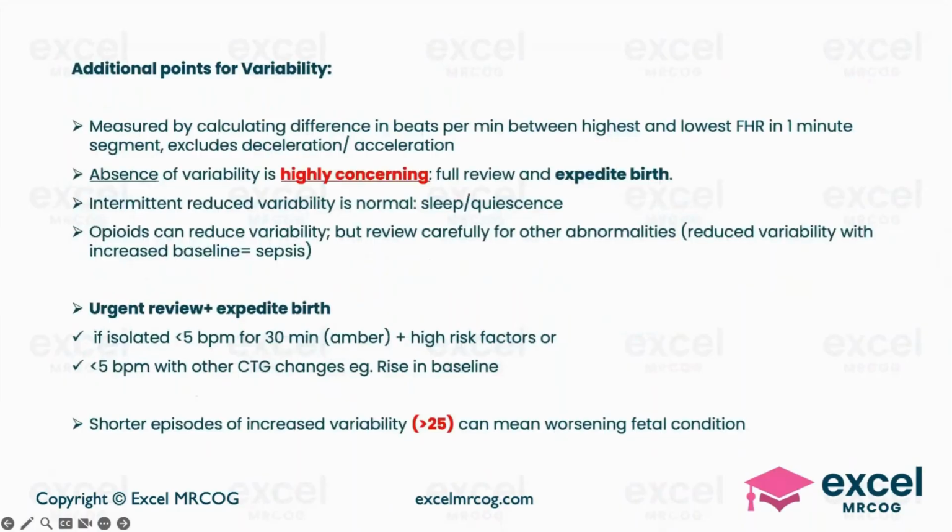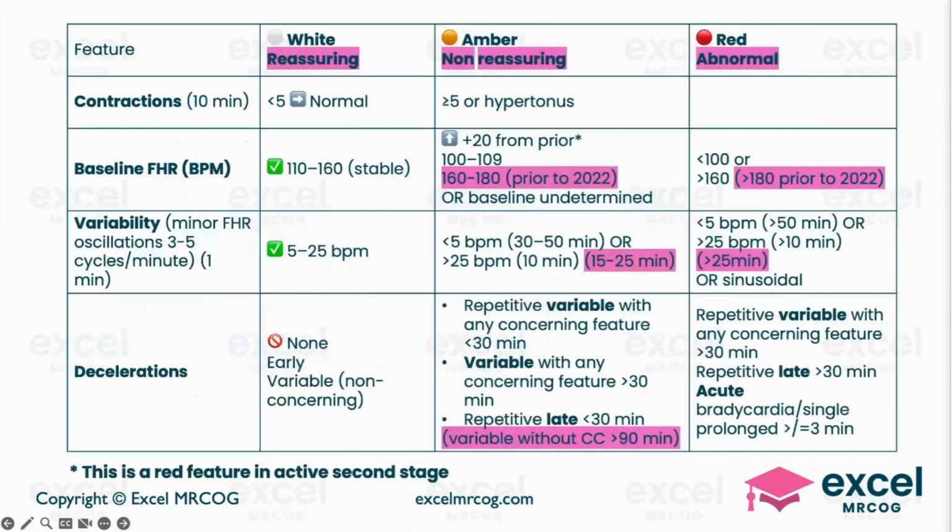So what we see here is that normal variability is between 5 to 25 anyway. Anything which is more than 25 is very concerning for us, even if it is for 10 minutes. Previously, it used to be 15 to 25 minutes, but they've reduced that duration.